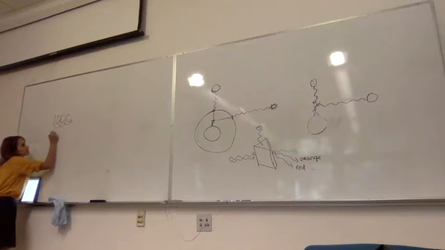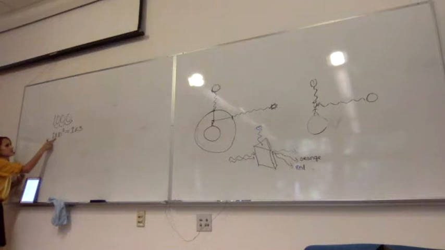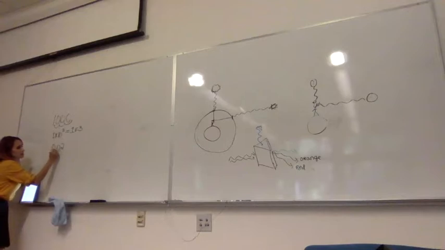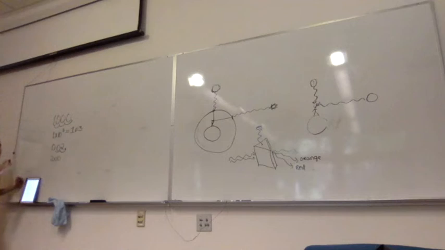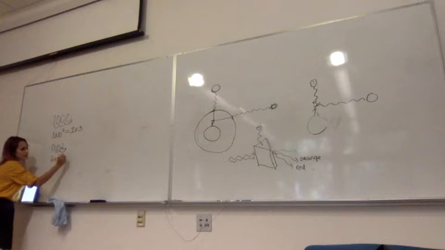We get 1 times 10 to the 3, which is equal to 1E3. Then we have 0.02. I'm going 1, 2. But since we went to the right, we went from a small number to scientific notation, this is a -2.